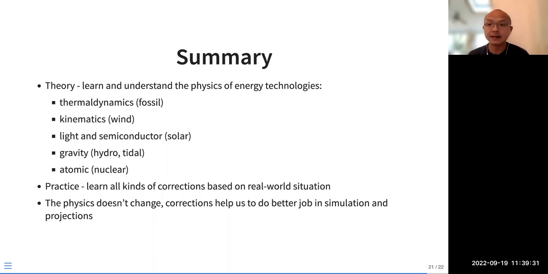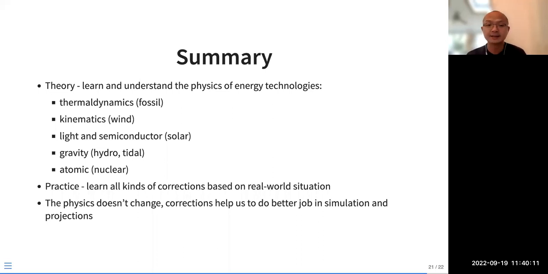Wind is kinetic energy, so kinematics will help us understand wind. Solar is light, and semiconductor physics will help us understand how solar works. Gravity will help us understand hydro and tidal energy, and atomic physics will help us understand nuclear. So try to link the technology with the fundamental physics we are talking about, and an understanding of those physics really helps us understand the different technology sources and how they work.